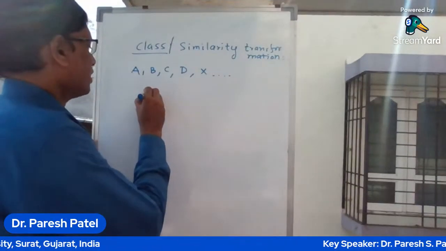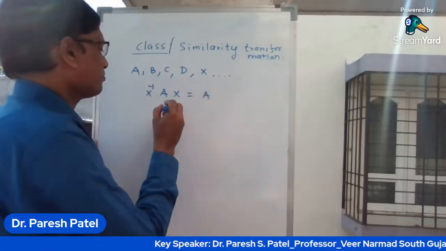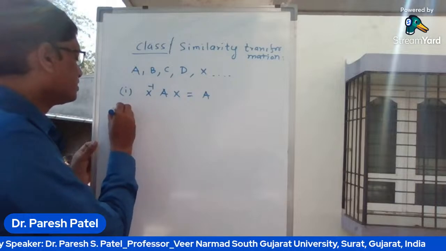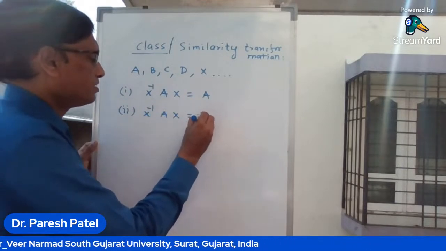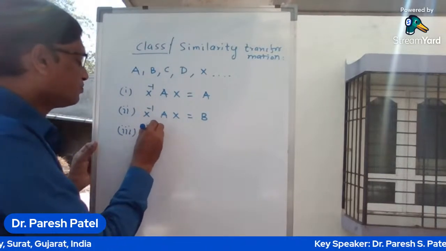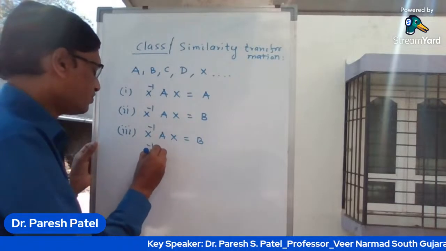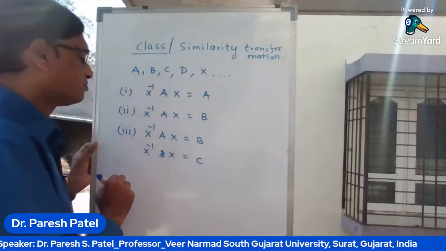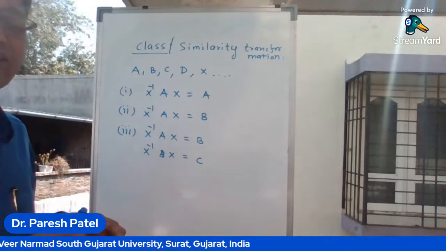If X inverse A X is equal to A, this is the first conjugate property. The second one is X inverse A X is equal to B. And the third one is X inverse A X is equal to B and X inverse B X is equal to C. So here, three conditions are there.